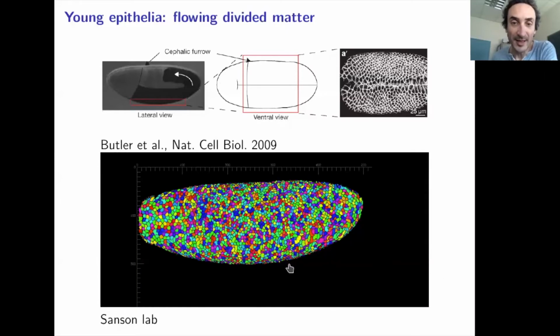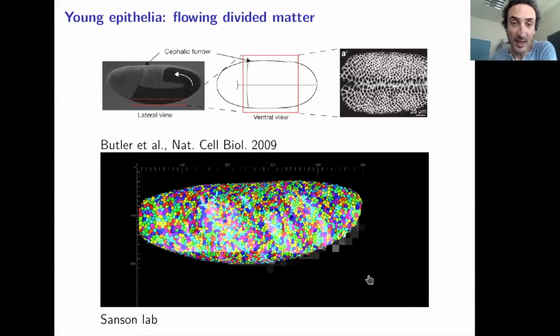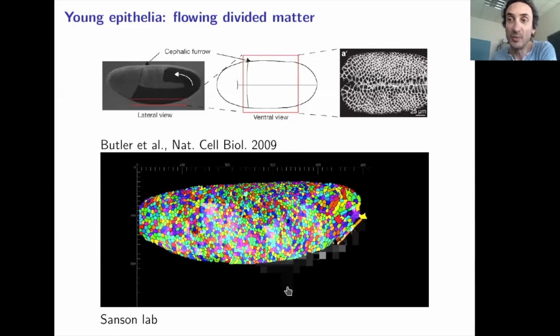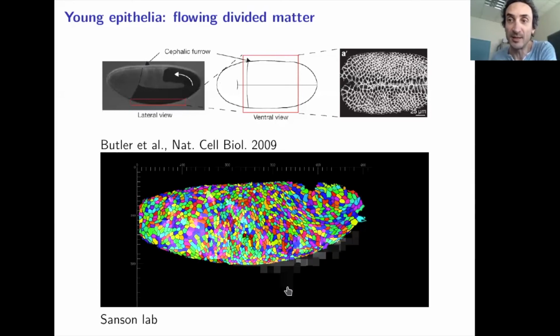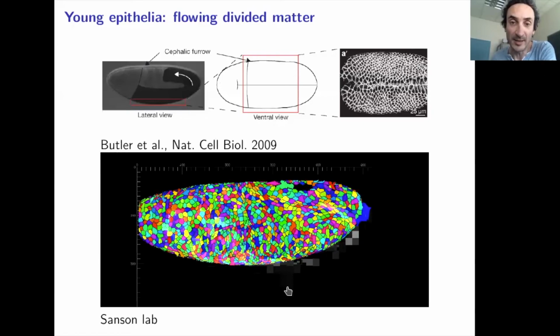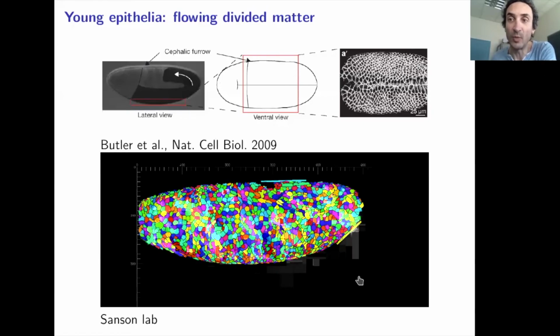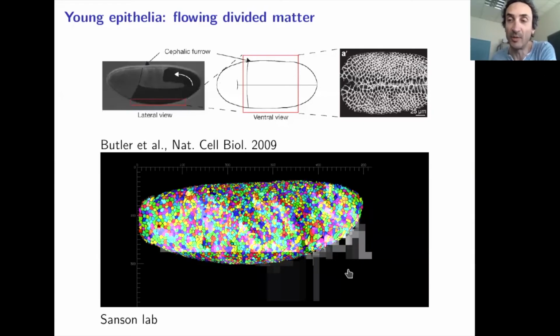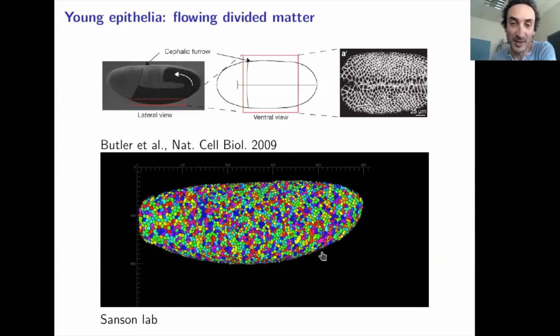So one great thing with this team in Cambridge is that they're able to track the movements of these cells in 3D in the course of time and really see where one individual cell is going and how it deforms in the course of this flow.